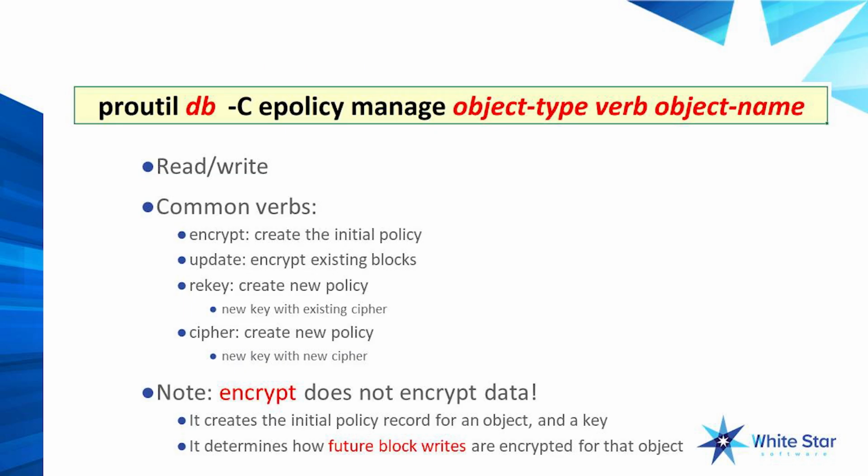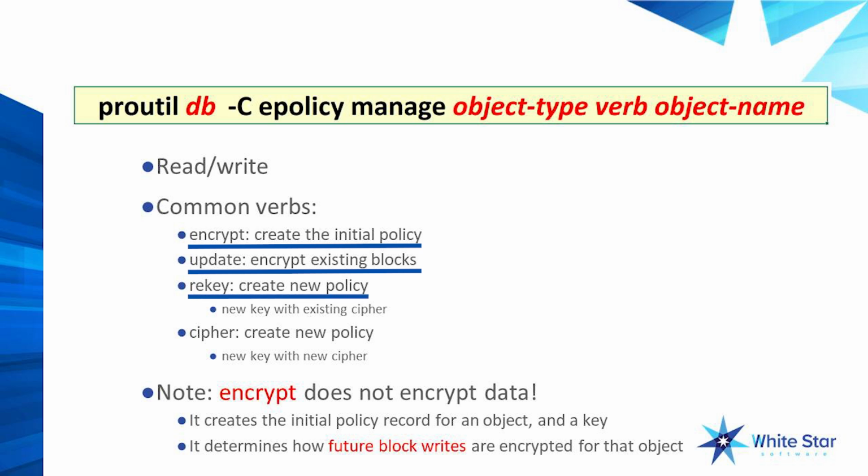So first up, epolicy manage. On the next slide, I'll show you the syntax diagram. But it's got a lot of verbs, a lot of different options that you can specify. The common ones are encrypt, which creates the initial policy on an object. Then you've got update, which will read all of the existing blocks in the object and encrypt those.